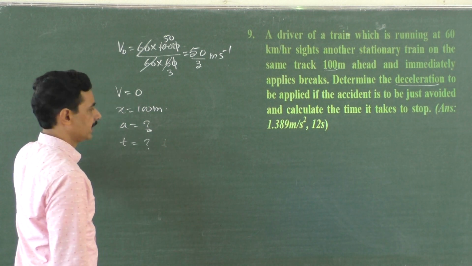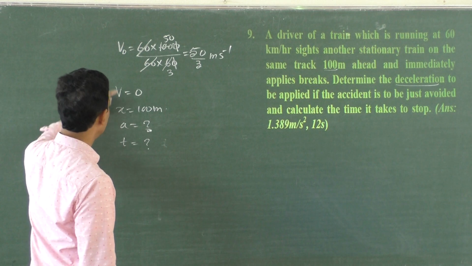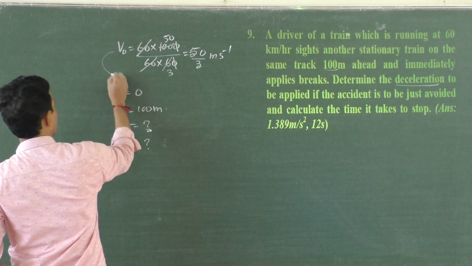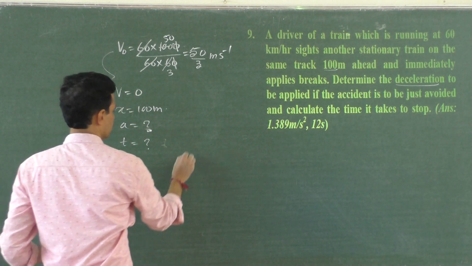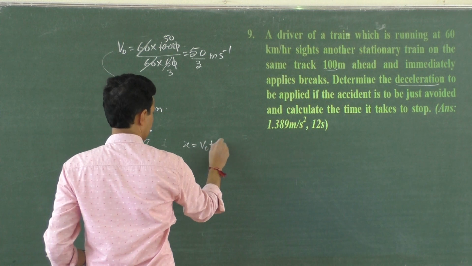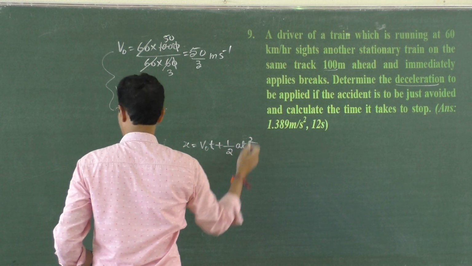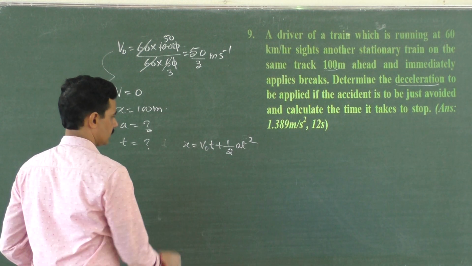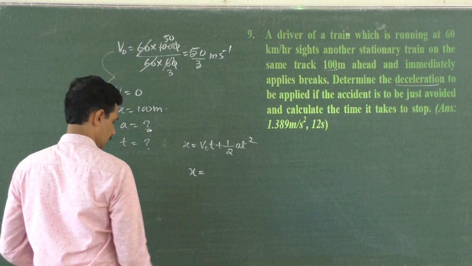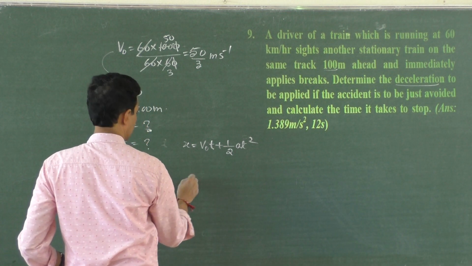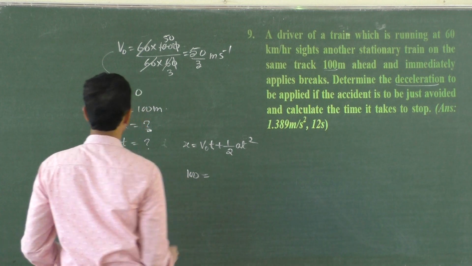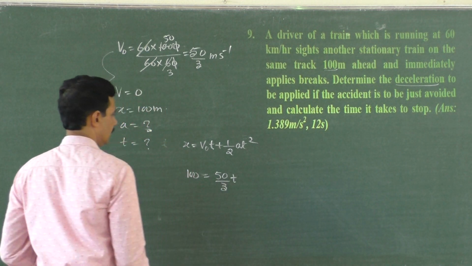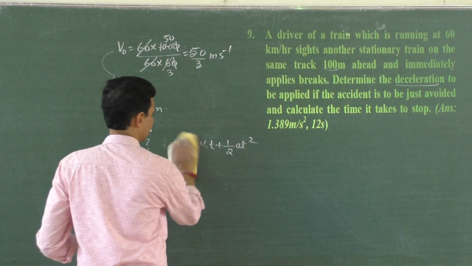In this problem we cannot do it both ways, because t is not given directly. If we use v equal to v0 plus at, a is unknown. x equal to v0t plus half at square gives 100 equal to 50/3 t plus half at square, but that gives a quadratic equation, which is not good.